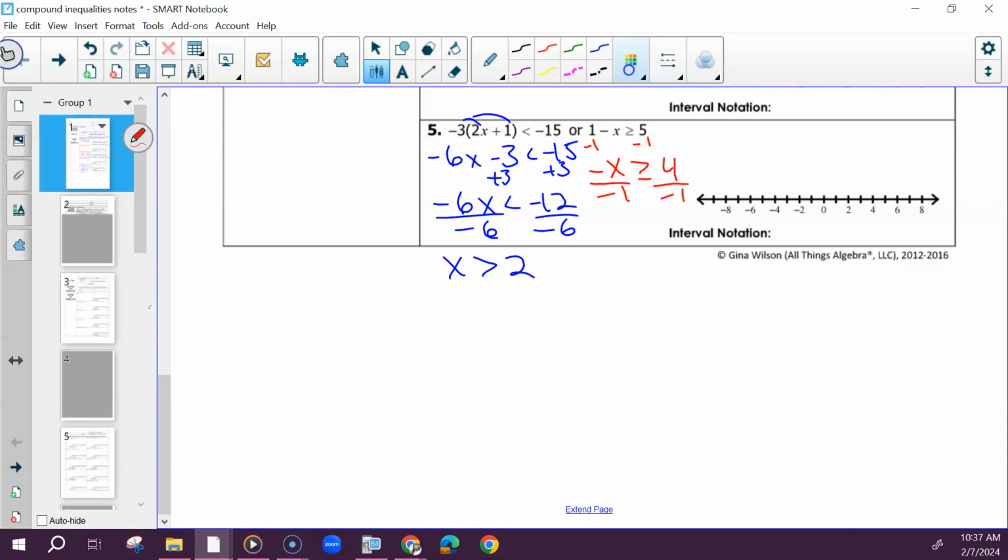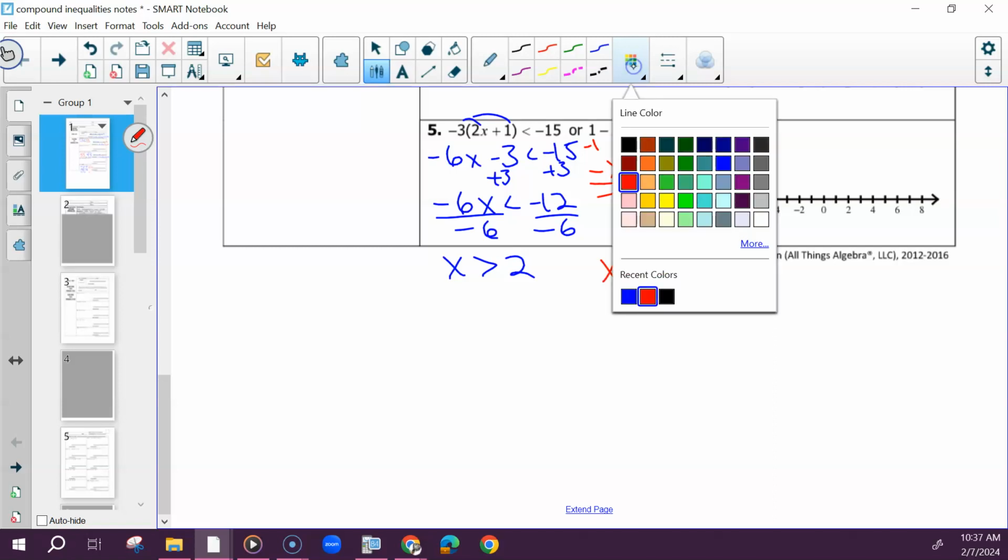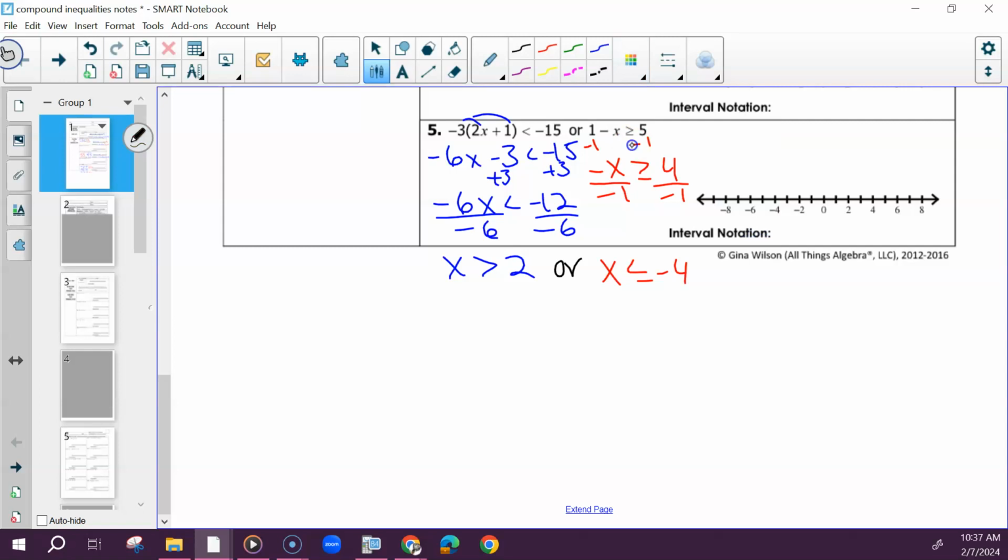So I'm going to bring this all the way down. x is less than or equal to negative 4. Okay, go ahead and graph those.